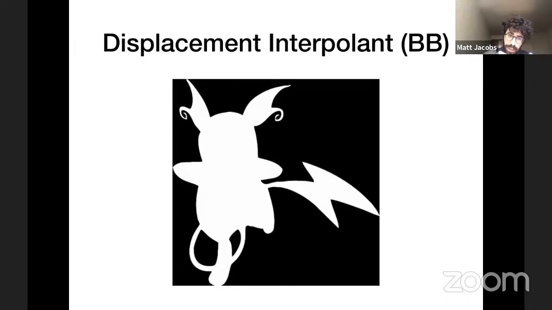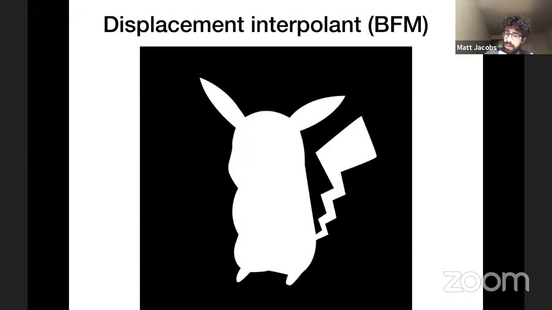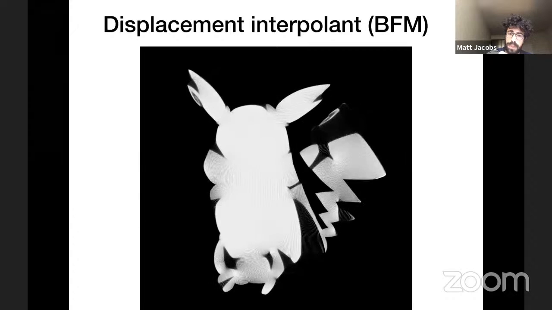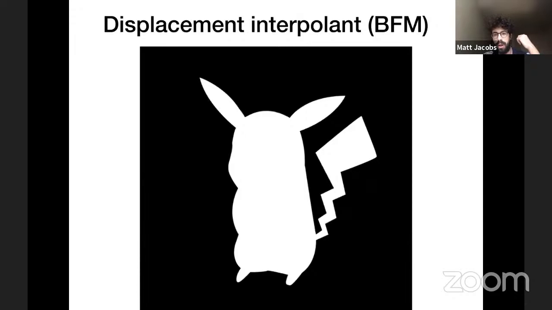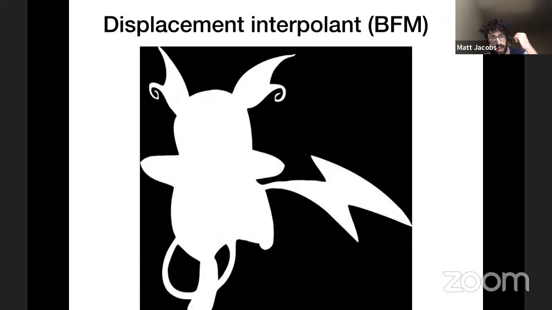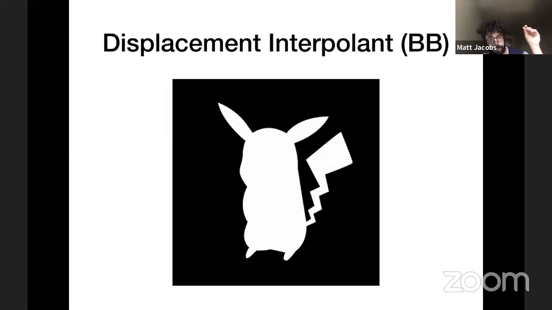Here is the same example using our method. What you get is something that is much sharper and more accurate. What I should point out is that this example with Benamou-Brenier is a 512 by 512 pixel image.